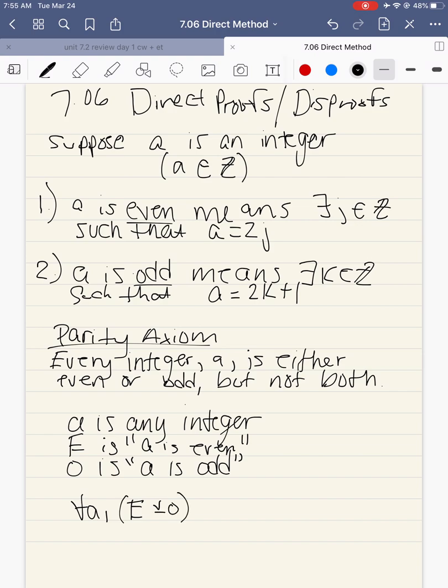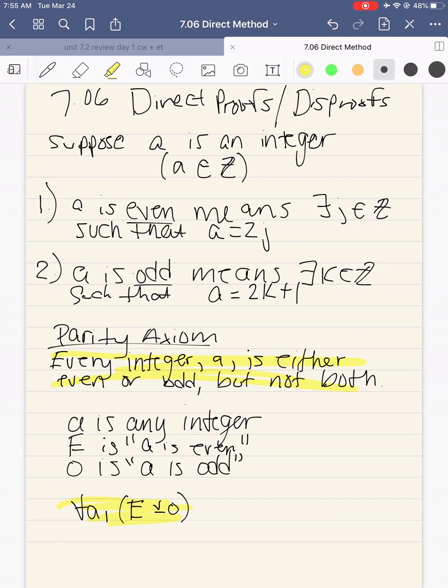So this statement right here is this statement here: for all a, either a is even or a is odd, but not both.